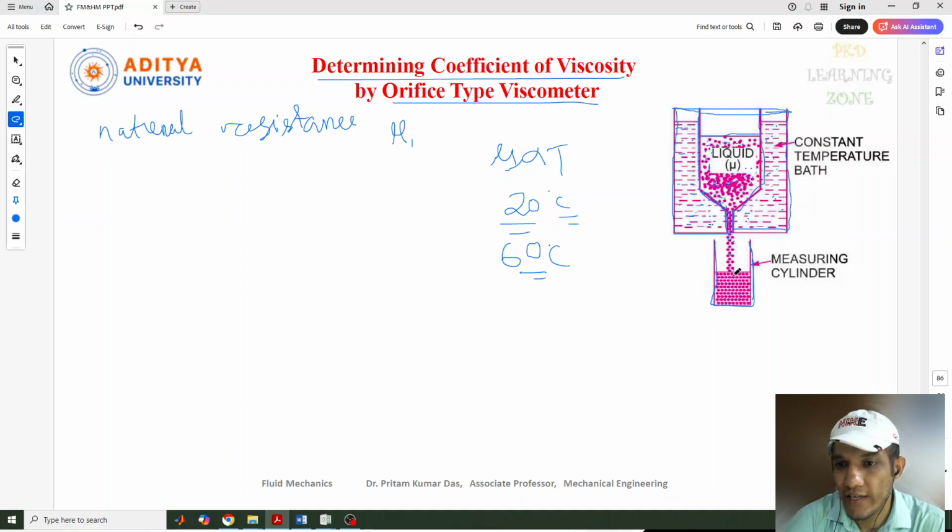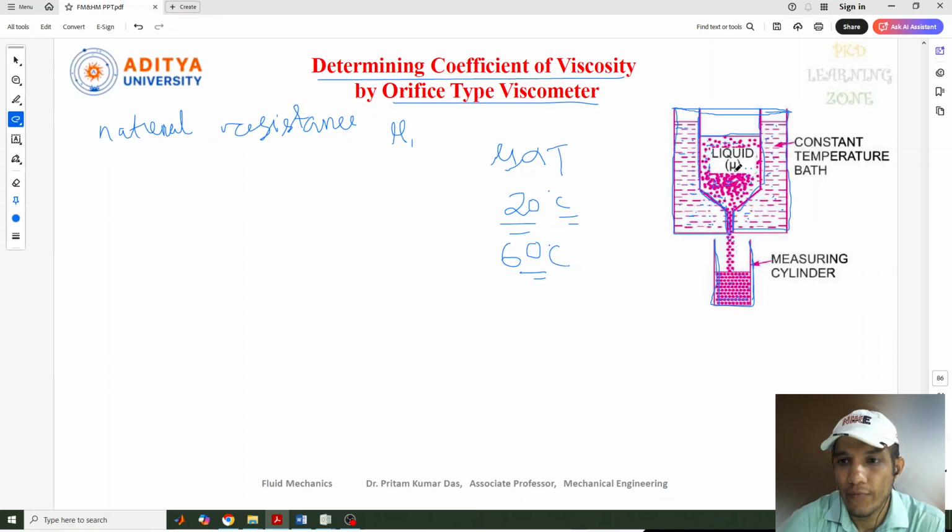In this measuring cylinder, we can measure the quantity of liquid coming out from this chamber with respect to time. So this is all about the viscosity measurement.